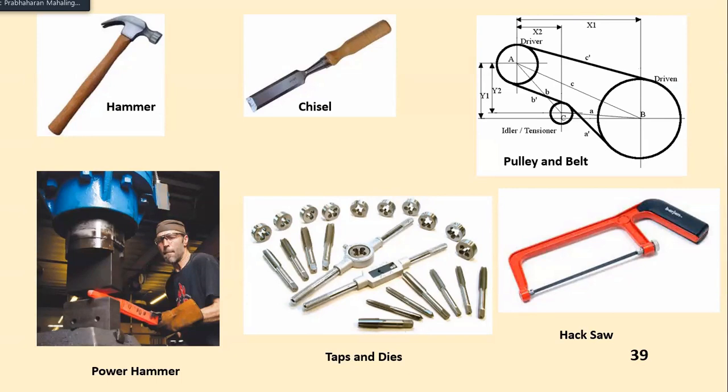The same type and same amount of force we have to give. So this power hammer is utilized in industry to have a certain amount of force. The force level can be adjusted.